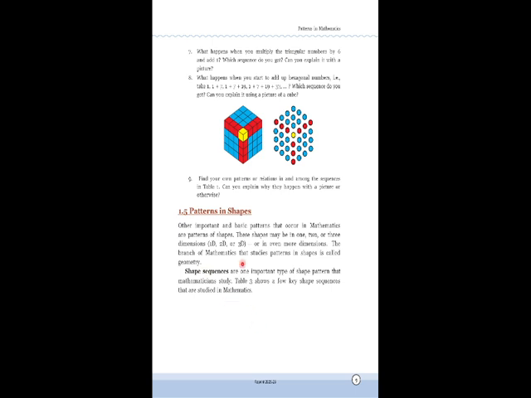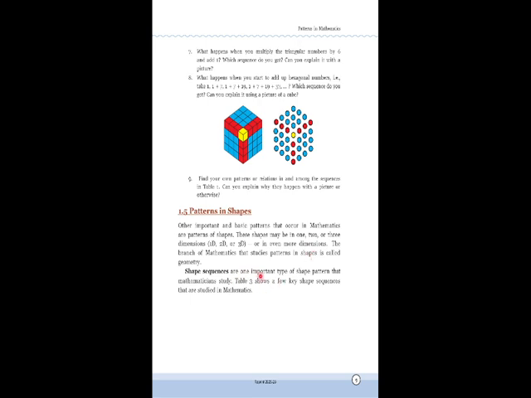Of course, we are not really going to learn that, but it is possible. For now, we'll focus on 1D, 2D, and 3D. The branch of mathematics dealing with patterns and shapes is known as geometry. You might have heard of geometry somewhere, like shapes and stuff. So this is what geometry is, finding patterns in shapes.